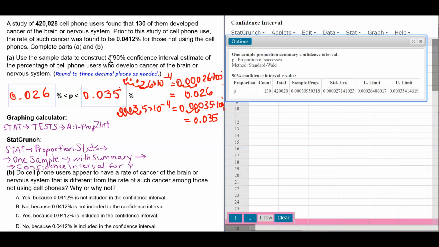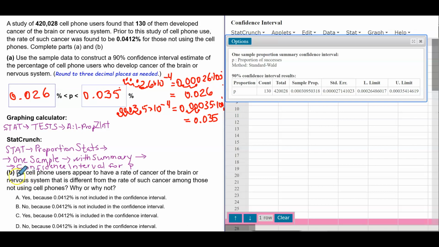Now remember, these are the limits in decimals, and in our answer box, we need to write them as percentages. So we'll need to convert these limits into percentages by multiplying by 100 or moving the decimal point 2 times to the right. Don't forget to do that. Now let's go to part B.